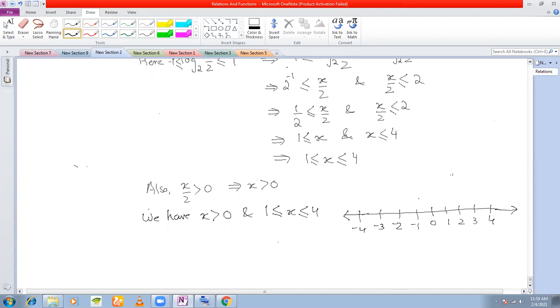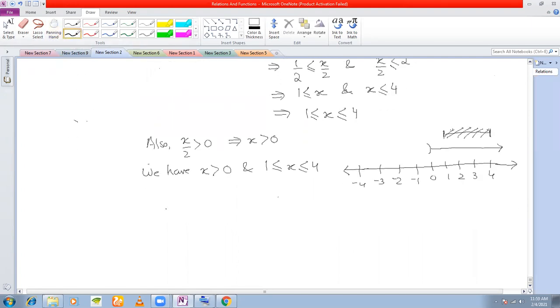Now see, x is greater than 0. That means from here, x is greater than 0, right? What is the next restriction? That x lies between 1 and 4. So you have 1 here and you have 4 here. So what is the common region? This is the common region, right? Of the two, satisfying both the inequalities. Hence, what is the domain set?